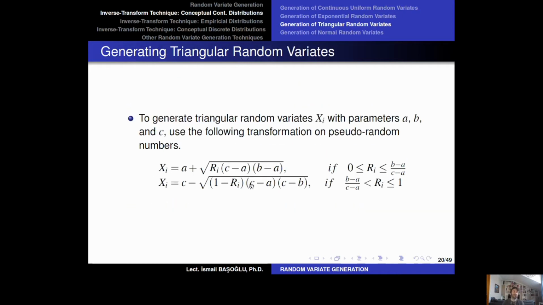Now let us use this technique to generate random variates from the triangular distribution. Again, first you need to check where your random number resides. If it is in the first interval here, then you use the first formula. Otherwise, you use the second formula.